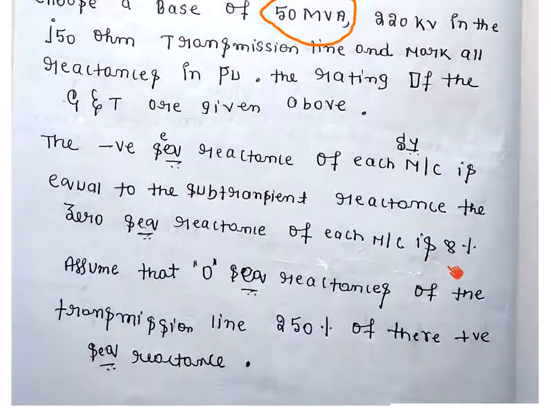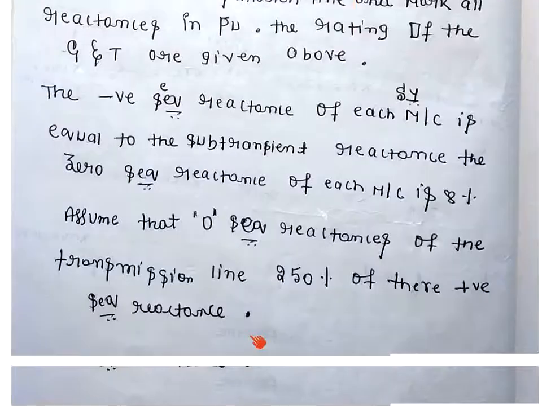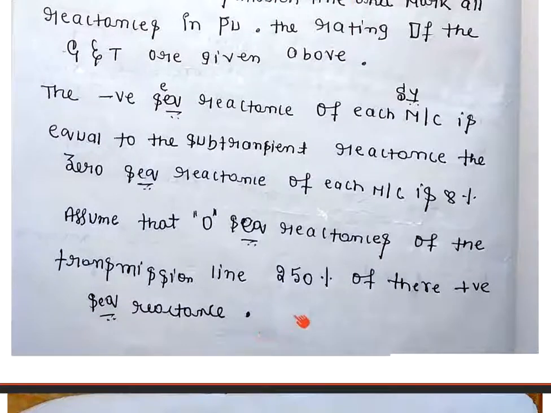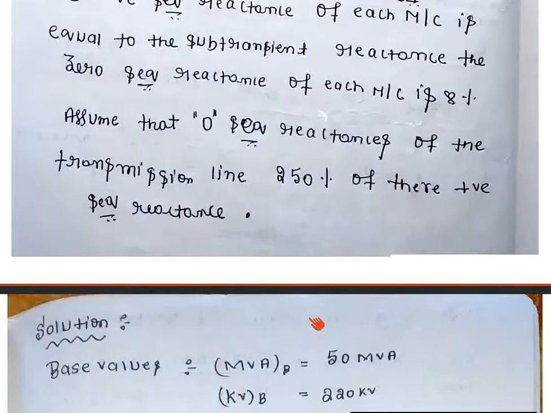X naught is 8% for the generator, for transformers and for machines. Now assume that the zero sequence reactance of the transmission line is 250% of its positive sequence reactance. So the transmission line reactance has been given as 250% of its positive sequence reactance.